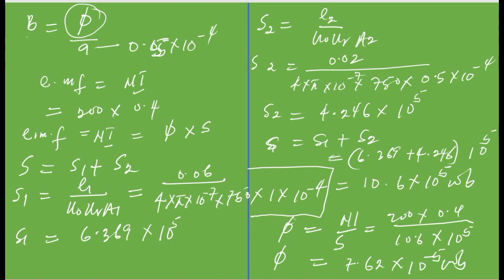Sorry, S is not measured in Weber. This was a mistake. It's my reluctance. It's per Henry. S reluctance is measured in per Henry. Flux is measured in Weber. It will be the same thing as 7.62 times 10 raised to the power minus 5 Weber.